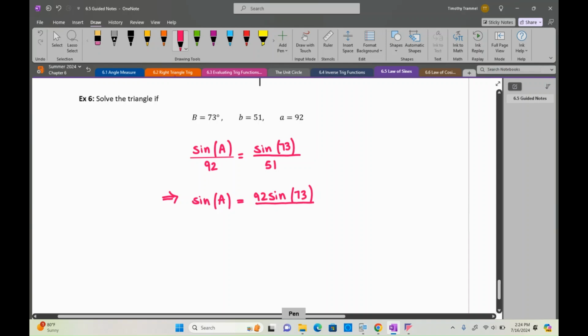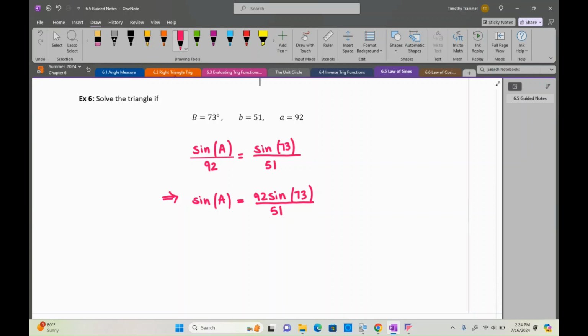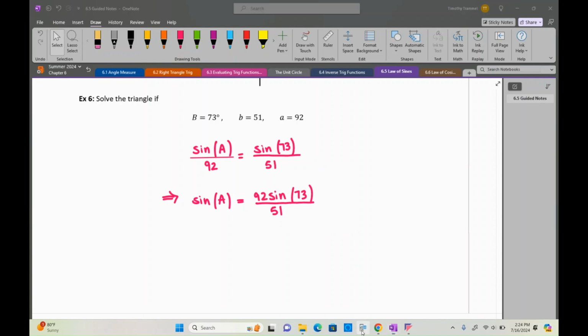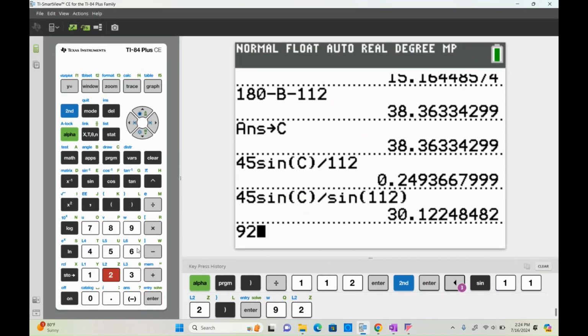And technically, there is something kind of wrong here. Okay. And it's not really our work or anything like that. It has more sort of to do with the question itself. So if you were to actually take this number right here, 92 sine of 73 over 51, see what that looks like.